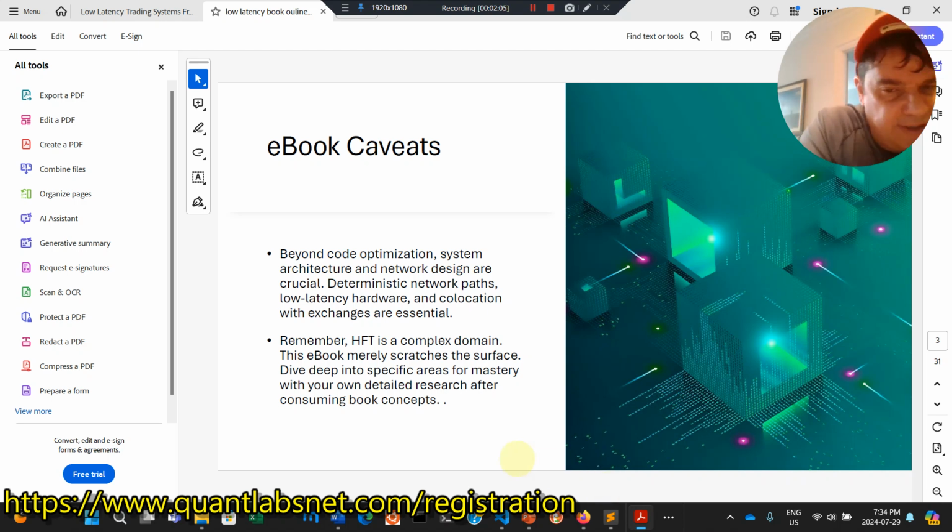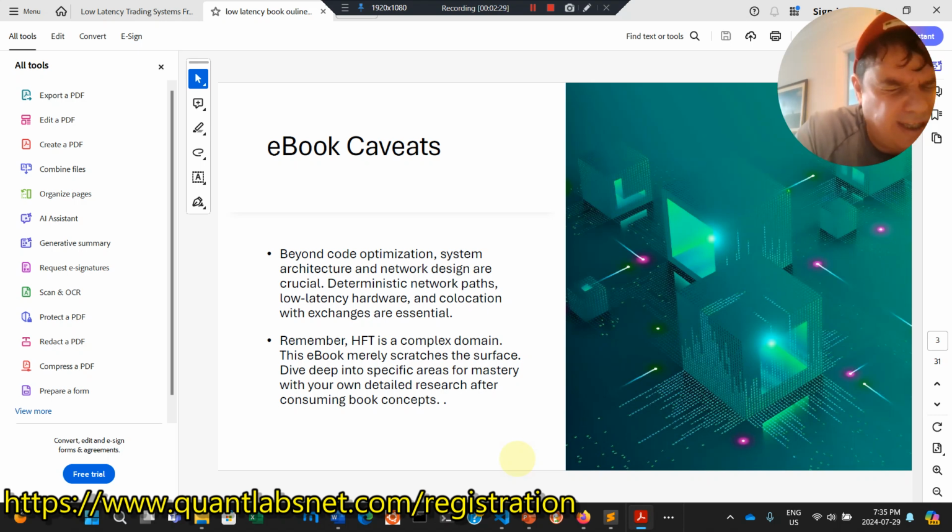Also, HFT is a complex domain. This book is over 210 pages now of just the basic stuff. You can imagine how big a book or a book series would be, and how long it would take to go through with all the source code available. As I said, I'll talk about what I plan to do afterwards. So hang tight.